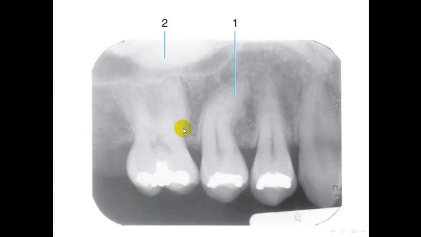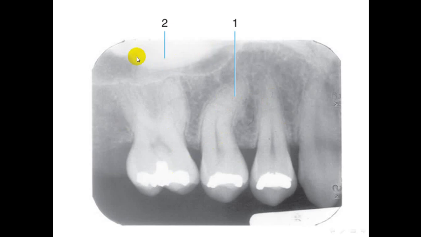Here we see the dilaceration of the tooth. Dilaceration is a sharp bend in the root of the second premolar. This sharp bend may be related to trauma during growth or it may appear naturally.